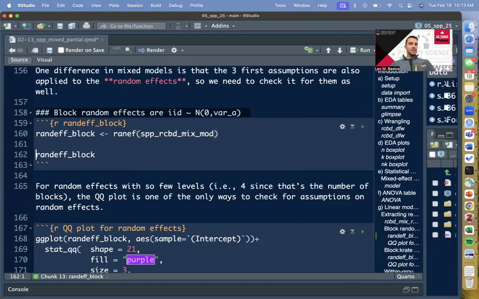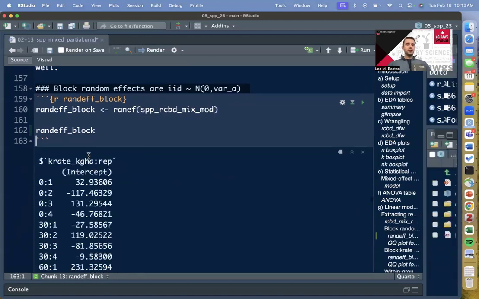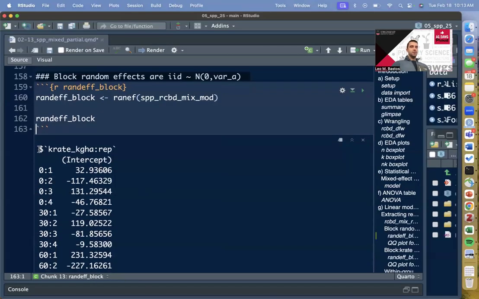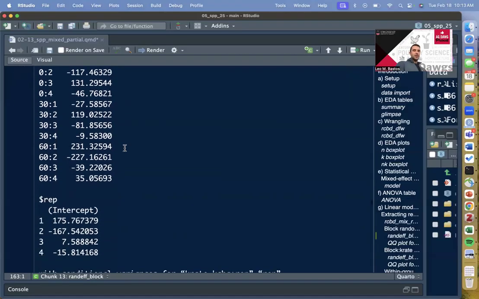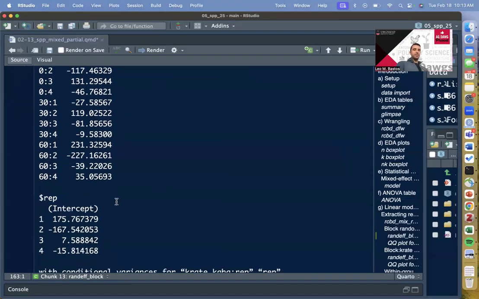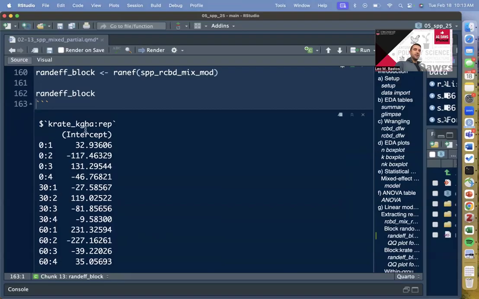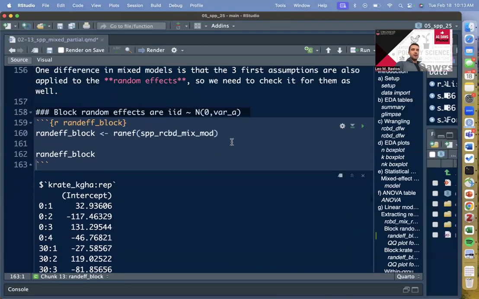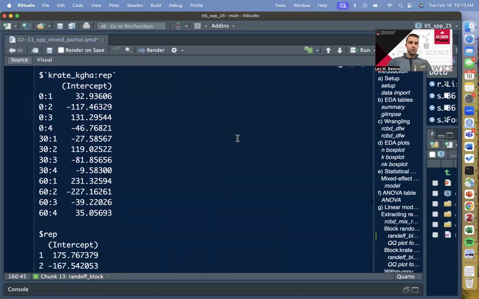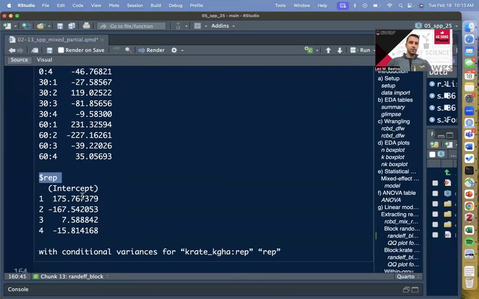If you run that and just print ranef block, you're going to see there is a first component that is for the interaction between the whole plot and the rep, and a second component that is just the rep. For us to separate these things and look at them separately, I just come here, do a $, and ask for the rep, which returns those four for us.